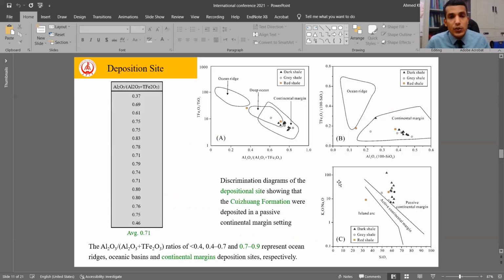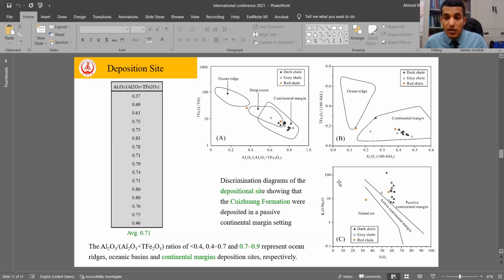Now we need to discuss these results for some paleoenvironmental conditions. Starting with the deposition site, by using some major element proxies, we can say that the Cuizhuang formation source rock was deposited on a passive continental margin.